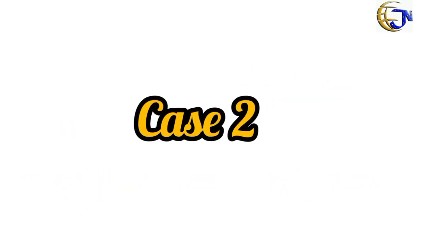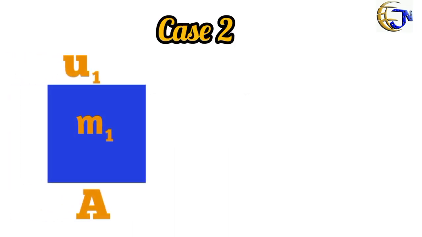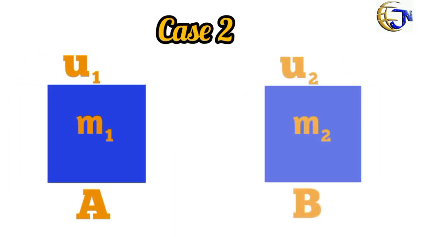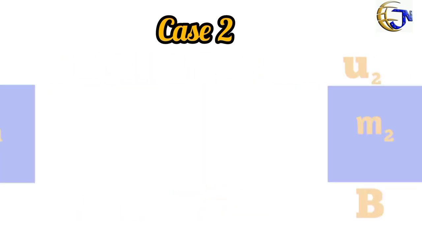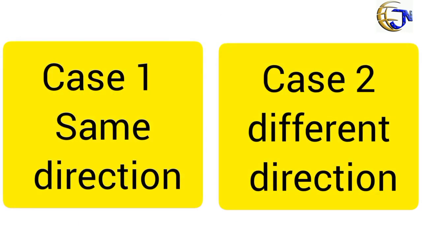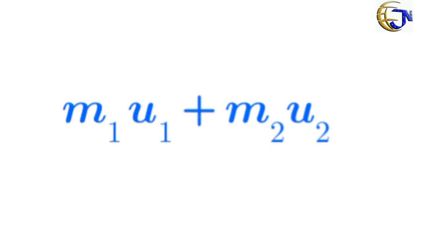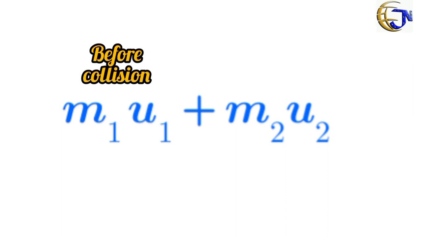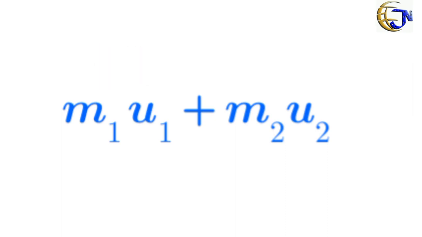In case 2, let's consider two bodies A and B of masses m1 and m2 moving towards each other. Remember that in case 1, they were moving in the same direction, while in case 2, they are moving towards each other with velocities u1 and u2 respectively.